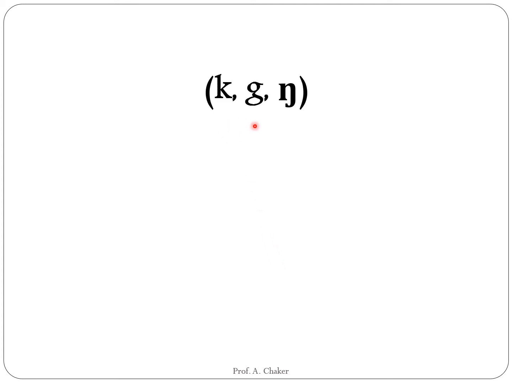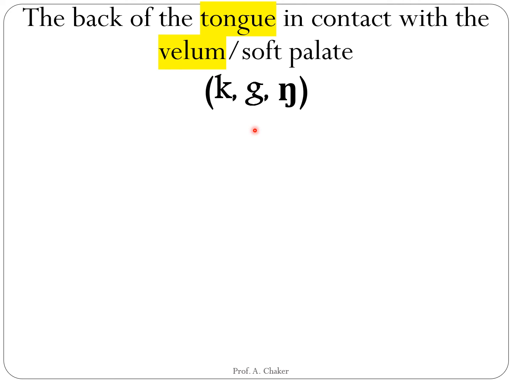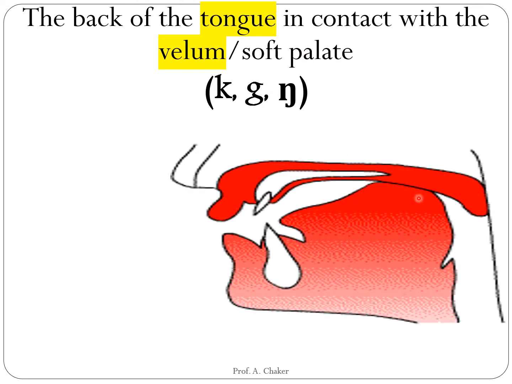K, G, ng. You notice that we are going backward. These sounds are produced when the back of the tongue comes into contact with the velum or the soft palate. Picture, you see, the back of the tongue in contact with the velum.